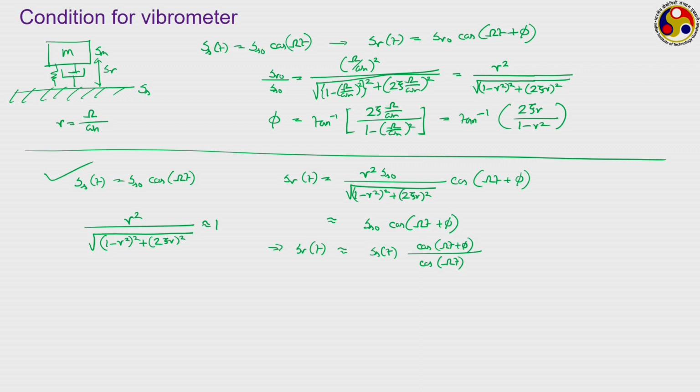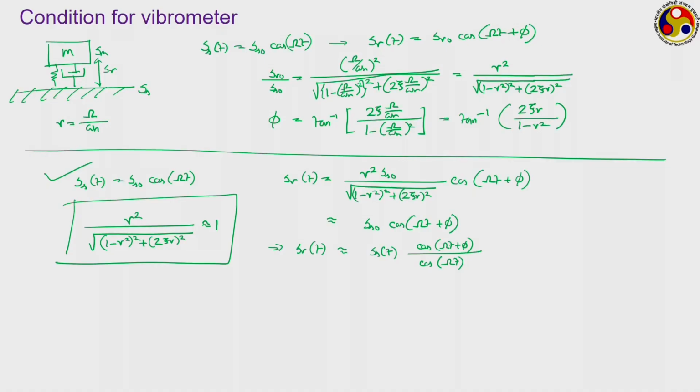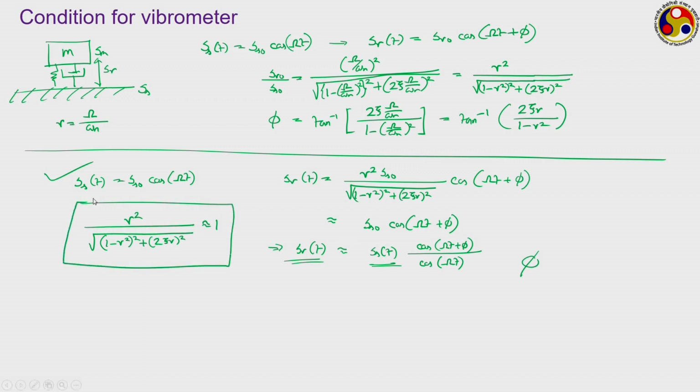So, therefore, when this particular condition is being satisfied, that is this particular ratio is very close to 1, then the resultant signal, at least the displacement of the resultant signal, quite follows the imposed signal SS. The resultant signal follows the imposed displacement quite well with a phase lag of phi, and so this can be identified as the condition for a vibrometer.